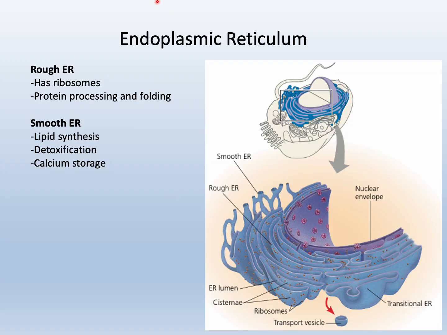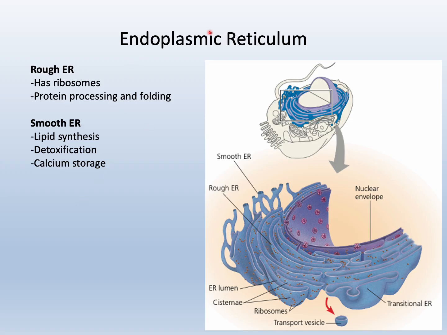Next, we have the endoplasmic reticulum, or ER for short. It comes in two forms, the rough ER and the smooth ER. First, we'll talk about the rough ER. It's covered with ribosomes, hence the name rough, and it helps process and transport proteins. The rough ER is the part right here that is covered in the small brown dots, which are ribosomes.